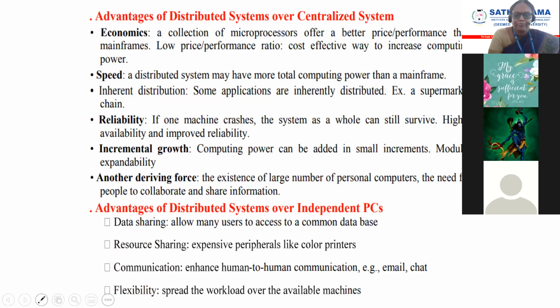Then flexibility, due to our workload: now our entire college is working in online mode, so each department and year has a separate Zoom link. We are working on a distributed system, not a single system.